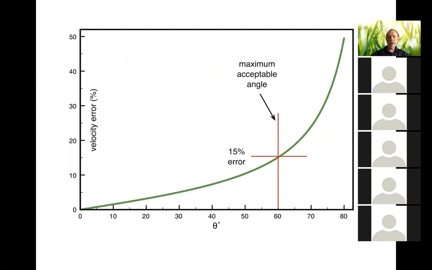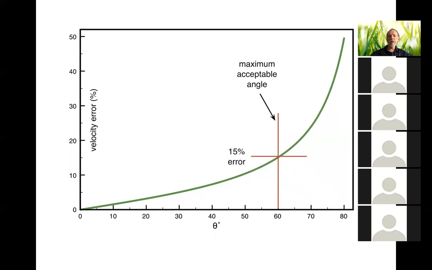But vascular people are often operating at around an angle of 60 degrees. And that's forced upon them by the anatomy and the geometry of the situation. They have little choice. So for a lot of peripheral vascular and cerebrovascular work, you have an angle of around 60 degrees. What we can see then is that a 5-degree error in angle would cause a 15% error in the velocity measurement.